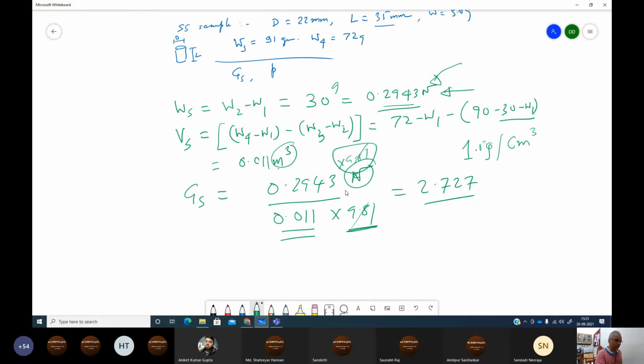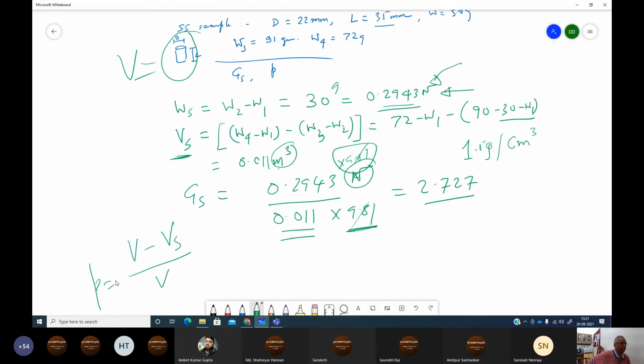Total volume you already know here, right? Right here. You can find this out. Now, solid volume you have already found out. So, V minus Vs, if this is V, divided by V. This will give you the porosity. Okay, D and L is given, so you will be able to calculate the total volume.